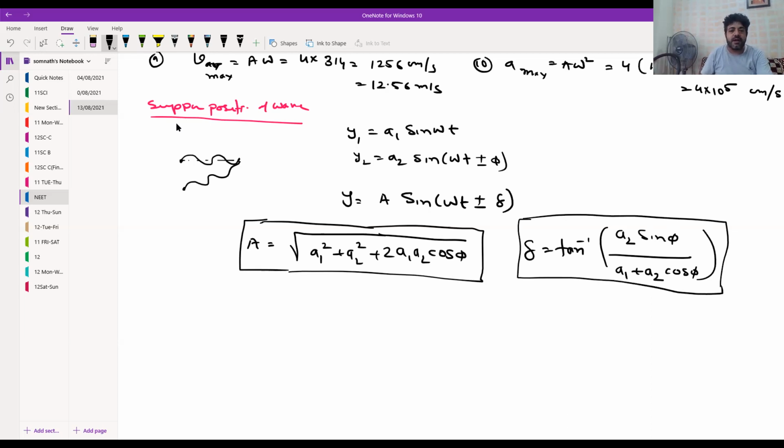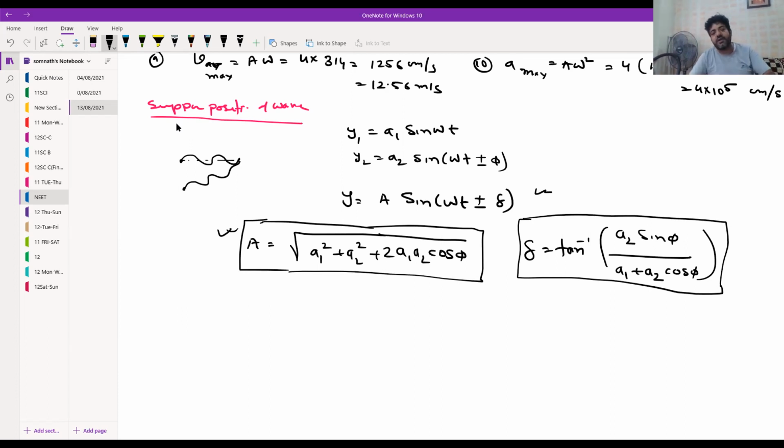I think all of you remember this one, and to remember this any time, you can use one more method, the vector method. If two vectors are added, the resultant is A square plus B square plus 2AB cos theta, and the angle is B sin theta by A plus B cos theta. Similarly, we can do that.